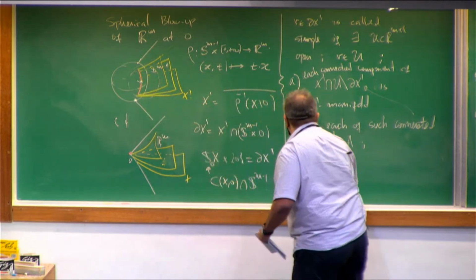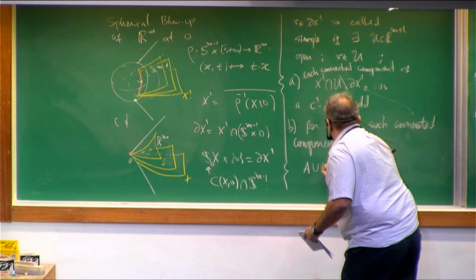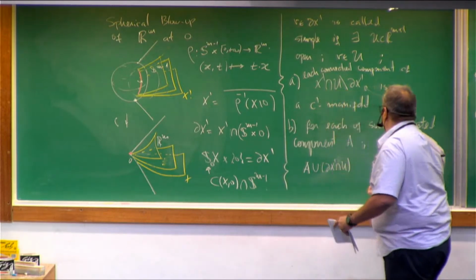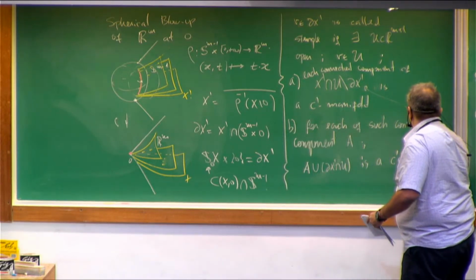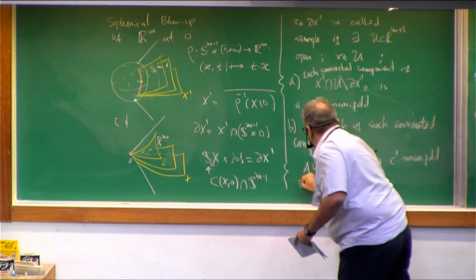A union the boundary intersection with A is a C1 manifold with boundary.